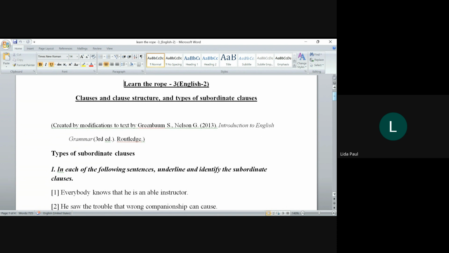Okay, clear? Now, another part that you need to keep in mind: as we are going to analyze sentences for subordinate clauses in the sentences that we are going to see today, you need to understand that the subordinate clause can either appear as the subject of the main clause or the independent clause.